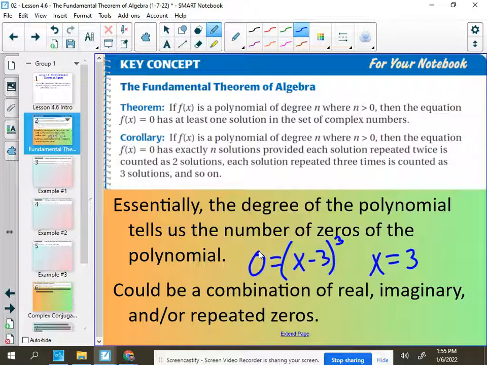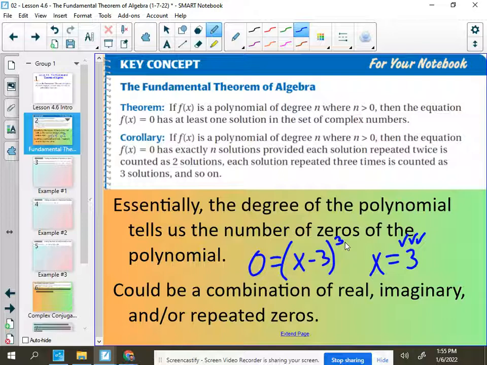So you have to be a little bit careful there when you look at it and say, hey, you lied, Mr. Kroll, there's only one solution there. The fundamental theorem of algebra counts it basically three times, because if you were to expand this, you'd have x minus 3, x minus 3, x minus 3. Technically, if you want to get super technical about it, there would be 3 solutions.